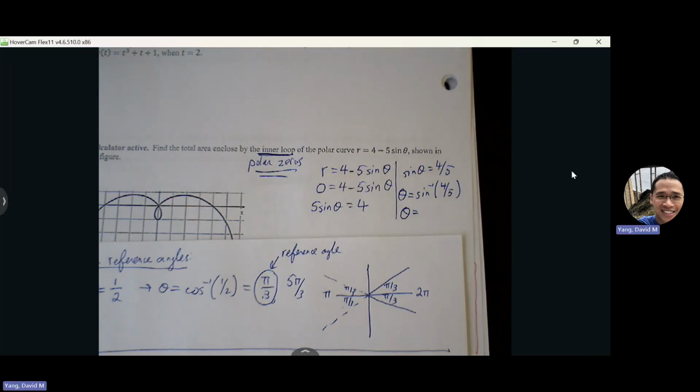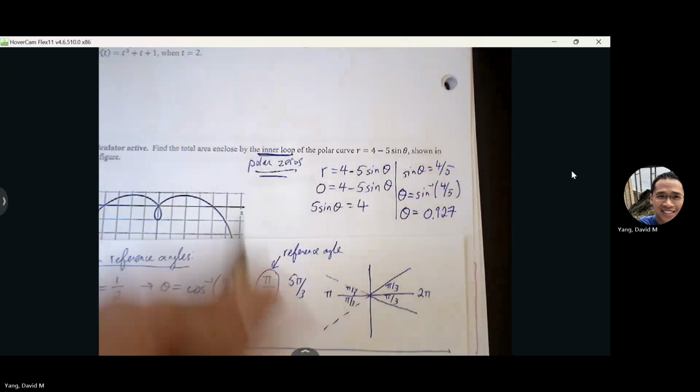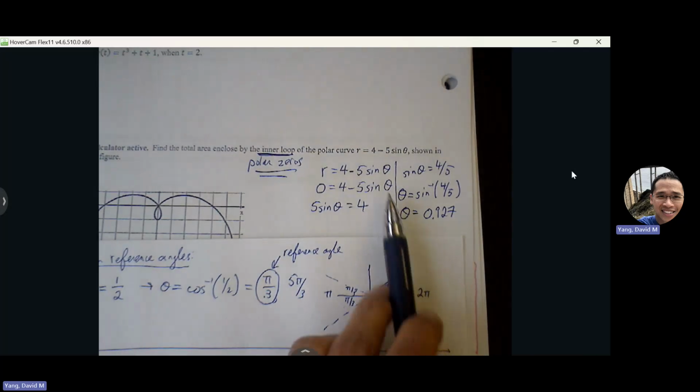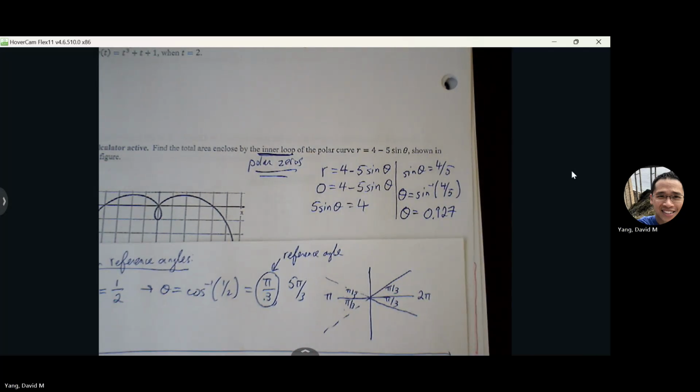And whatever we get is going to be a reference angle in the first quadrant. And I got 0.927. Where else is sine going to be positive? Second quadrant, right?